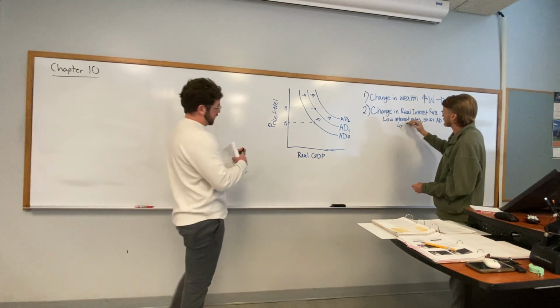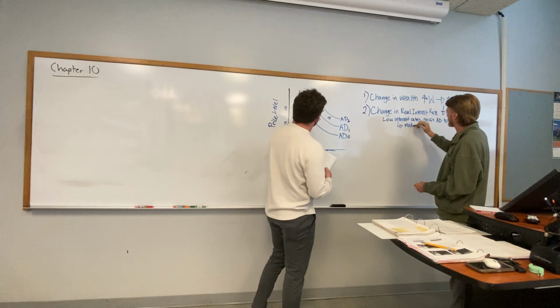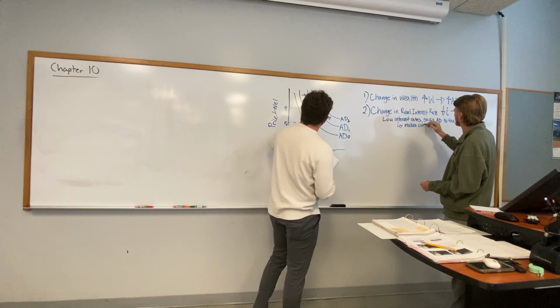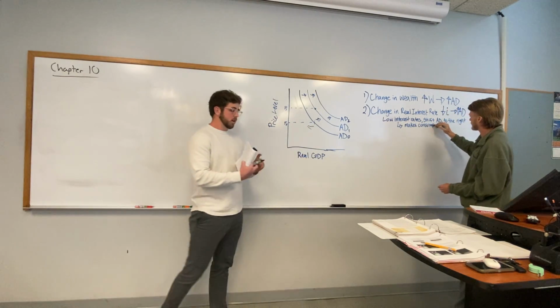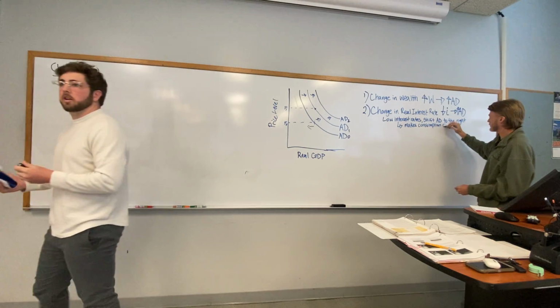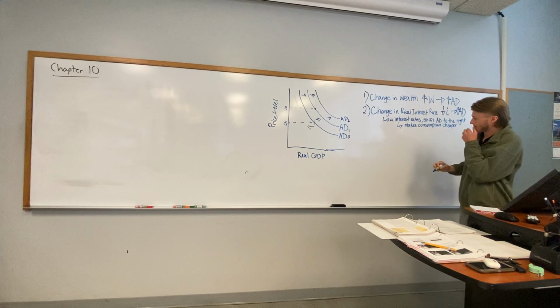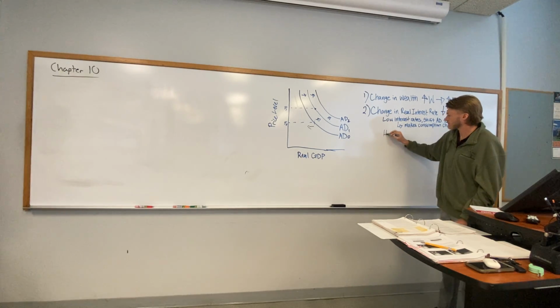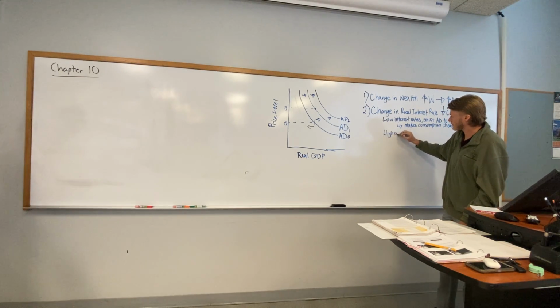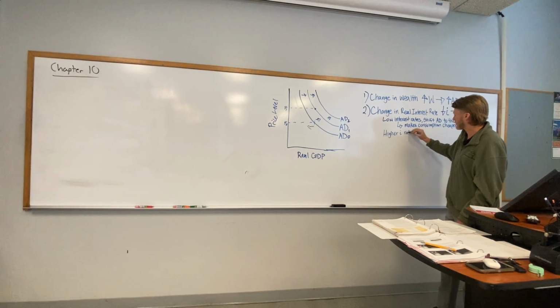A leftward shift is a decrease in demand because interest rates are higher and people don't want to buy goods. It's more expensive for you to buy that new car, or to get a new dishwasher. So you're going to save and wait for interest rates to go low.